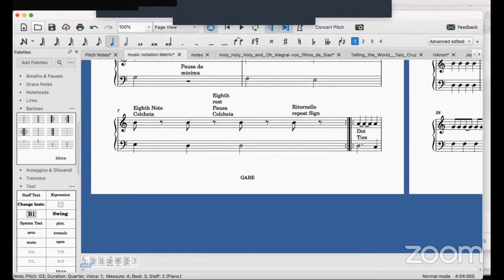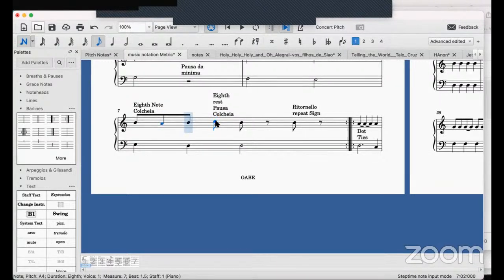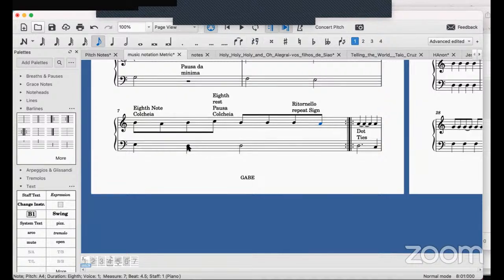Now let me add the eighth note without the eighth rest. Ta ta ta ta ta ta ta ta.